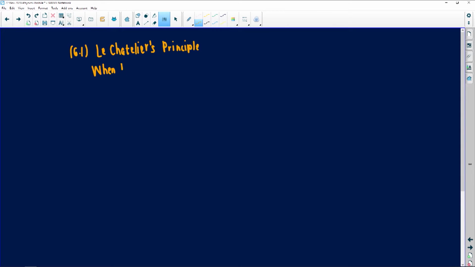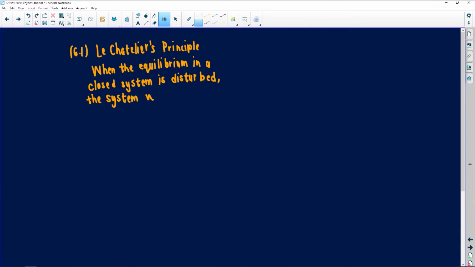He says, when the equilibrium in a closed system is disturbed, the system will reinstate a new equilibrium.